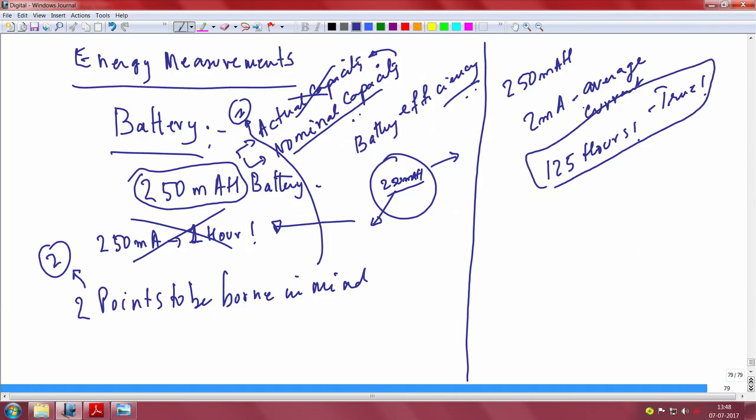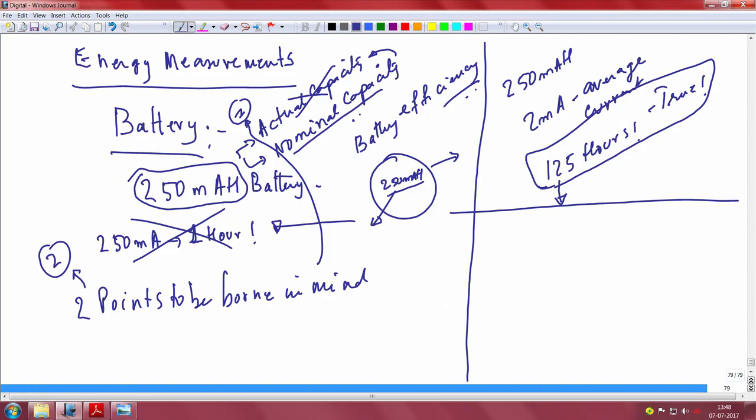The other part, if you apply, it is obviously going to be even lower, right, because we have not yet added the battery efficiency to make this calculation based on the actual capacity. So therefore, you see, you are far away from just buying a battery and just putting that battery into your load system. You should never do that. This is the first point that you have to keep in mind.